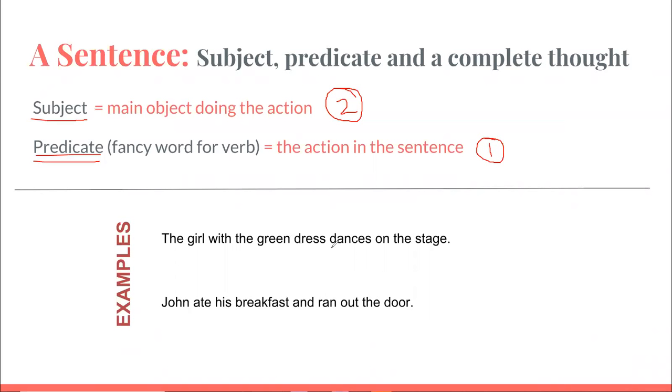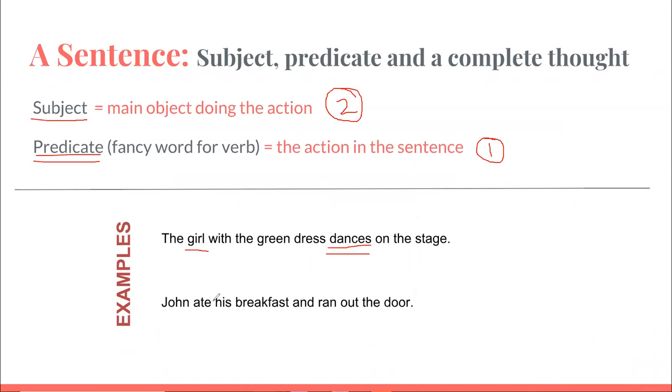So we first find our predicate, and we're going to underline that twice. Now I ask myself who or what is doing this action. So who is dancing? The dress isn't dancing, and neither is the stage. Instead, the girl is doing the action. The girl dances.